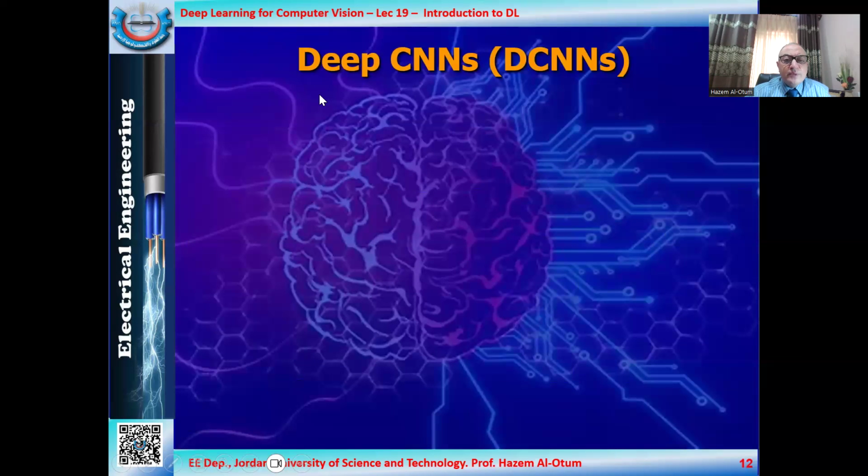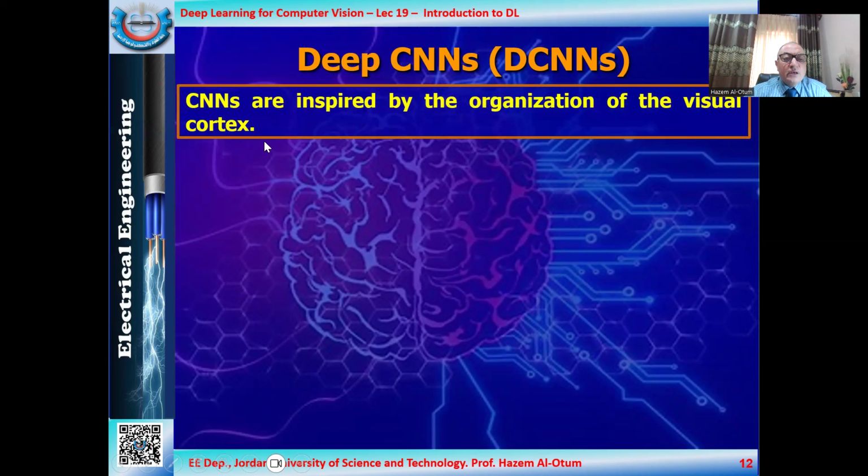Of course, when we talk about deep learning, we are very concerned with deep convolutional neural networks. The main gift of deep learning is the deep convolutional neural networks. CNNs are inspired by the organization of the visual cortex, because it deals with input images and mimics what our brain is doing with the input data, and how it classifies or detects features or objects in these images.